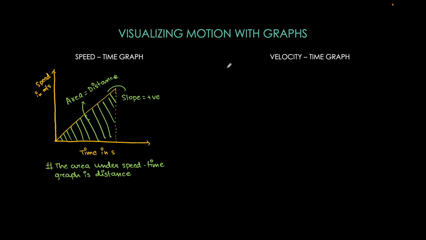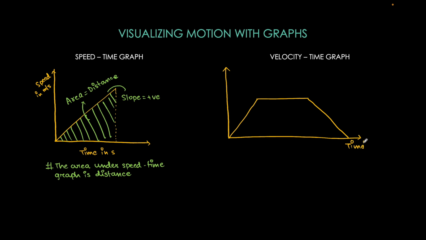So let me just make it a bit more complicated. Let's just make the same graph which we have made earlier for displacement time graph. Okay, so this is how the curve goes. This time, this is the time axis, which is in seconds, and this is the velocity, which is in meter per second, right?